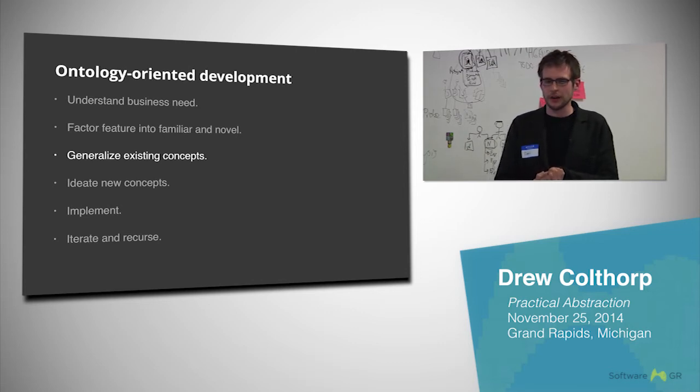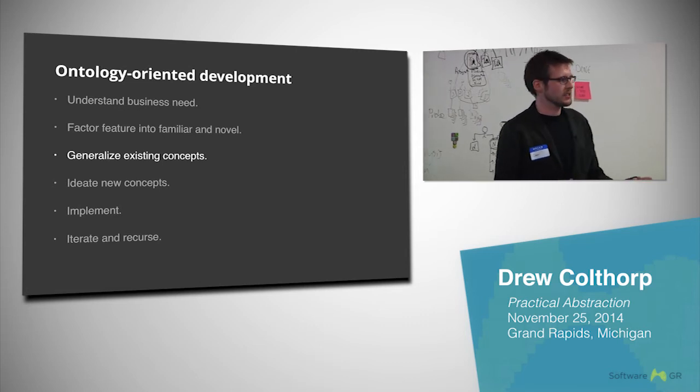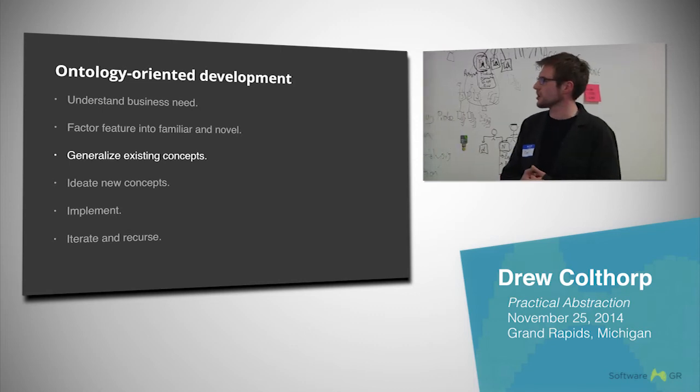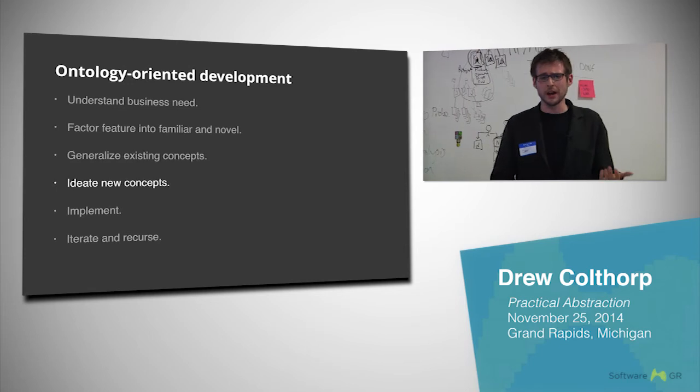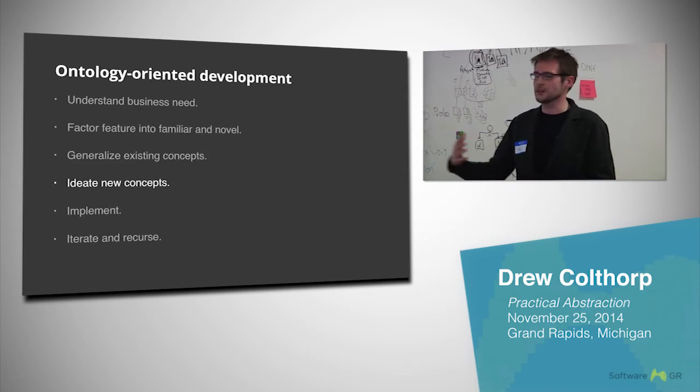So the first way to do that is to generalize existing concepts. Take those ideas that we already have, and the things that don't quite fit, maybe we can just add a little bit more expressive power to them, or maybe we can generalize them or decompose them in a way that will help us account for some of the new things that we're trying to do. But if not, we might need to introduce new ideas into our domain model, new ways of thinking about things in order to talk about the thing that we're trying to do.